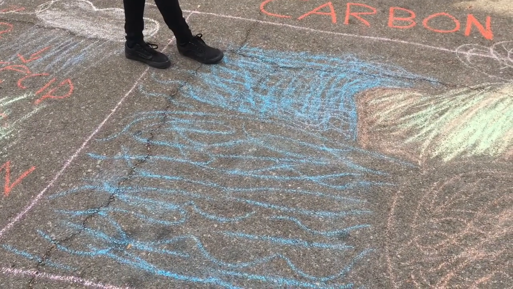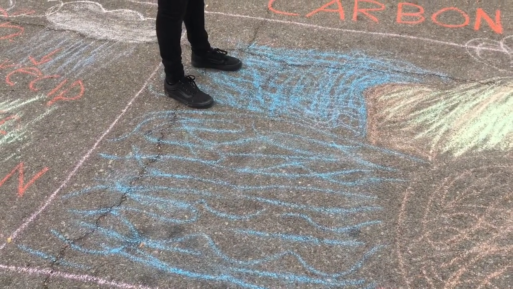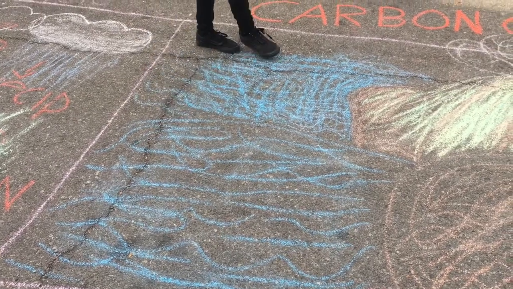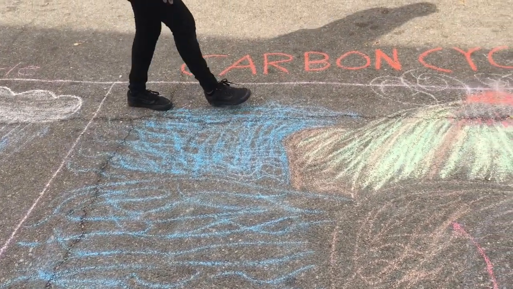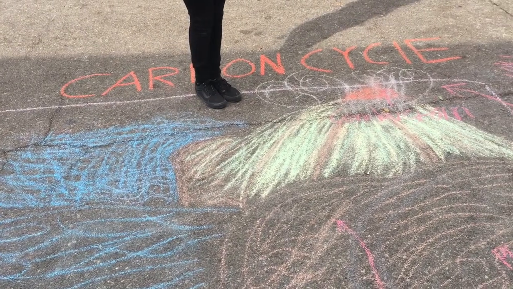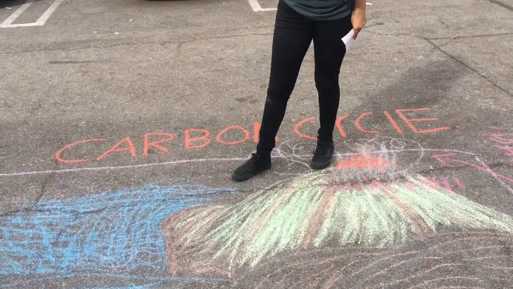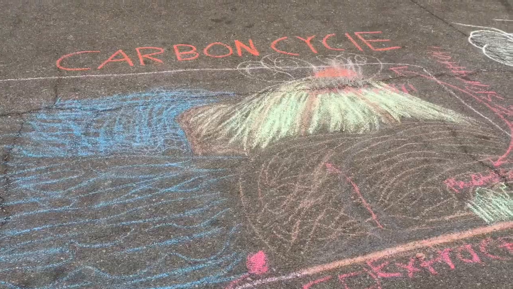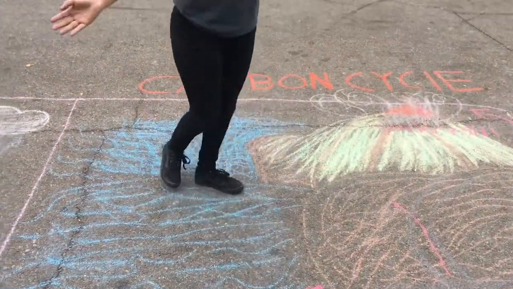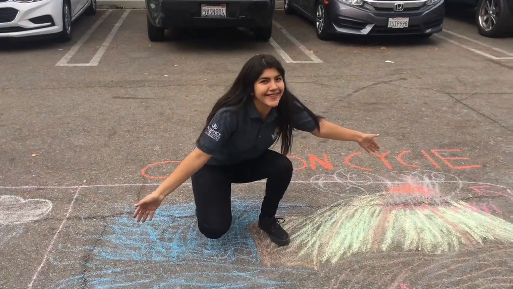And then combustion causes fossil fuels and plant materials to turn into carbon dioxide. And that also happens because of deforestation or burning of forests. And that's the carbon cycle.